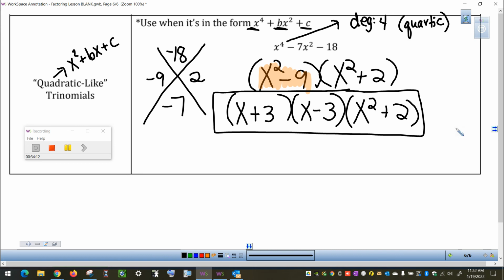So like the x squared plus 2, we're just going to leave that as it is. It's totally fine if you still have an x squared in your final answer. If you had something like x squared minus 5 and then x squared plus 2, you would just leave your answer like that because there's not a perfect way to continue moving forward.